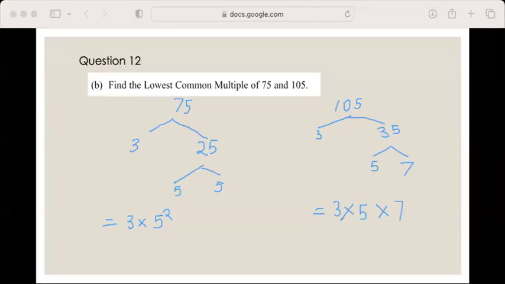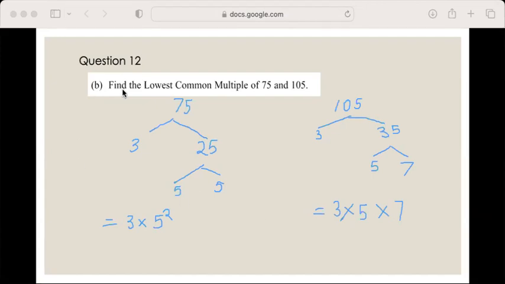But I also believe you found question number 12, part B, which is the LCM, lowest common multiple. Maybe you could have done the other method or this method, that is a formula method, because you already found highest common factor and you have the two numbers, 75 and 105. So you can say LCM is equal to 75 times 105 divided by the highest common factor.